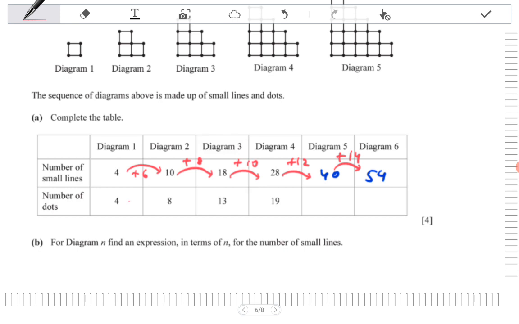What is going on here? Plus 4, plus 5, plus 6. So you can guess the next one, plus 7, further next plus 8.